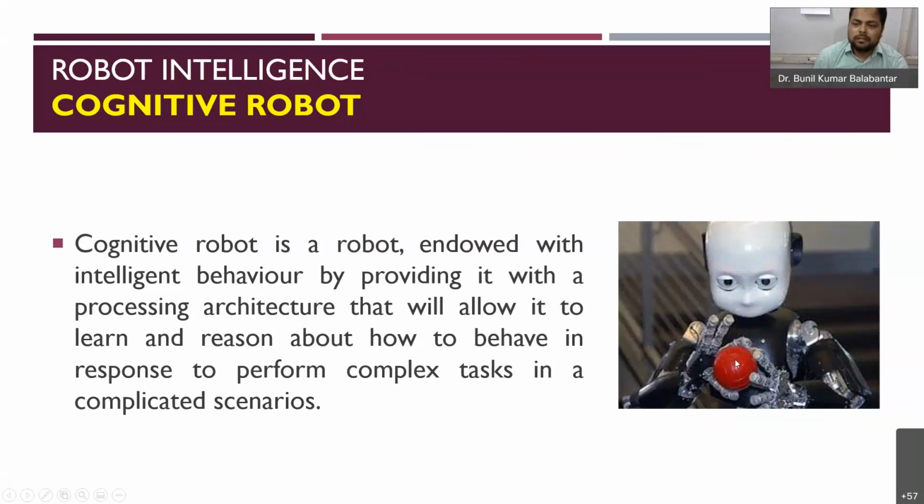In a normal sense, if I hold a bottle, how much force do I need to apply? If it is made of glass, how much force should I apply so that I can handle it properly?